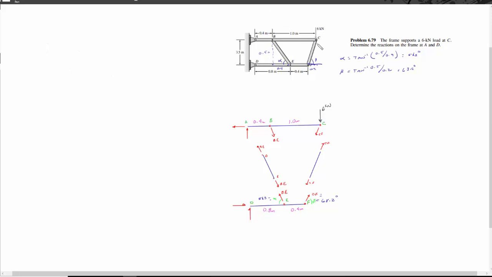What I also like to do, like I did in the previous video, is I like to look at the entire frame and say, okay, I want to look at its forces here. I'm actually going to erase both of those really quick.